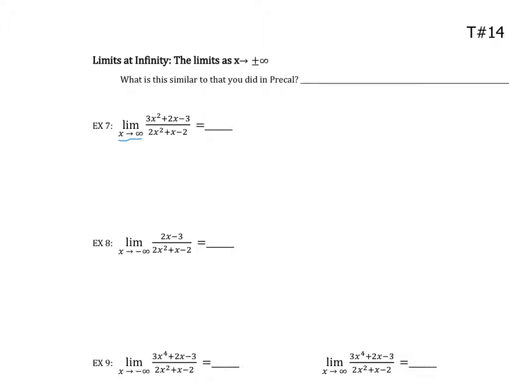What's going on when x is getting really, really, really big? On the graph, way out here, what's the graph doing? So hopefully you go, gosh, I feel like we've done that in pre-cal some. And what should you be thinking of? You should be thinking of either the horizontal asymptote or the slant asymptote. Is the graph leveling off?